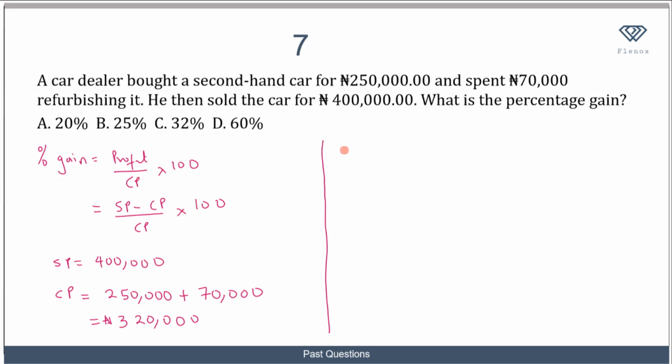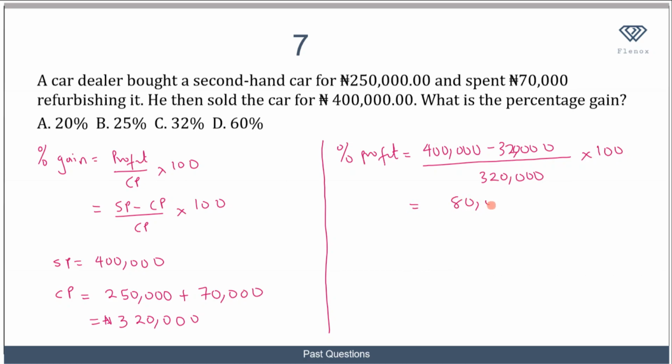So we can calculate the percentage profit or gain, which is equal to our selling price, 400,000, minus our cost price, which is 320,000, over 320,000, times 100. That will be equal to 80,000 over 320,000 times 100.